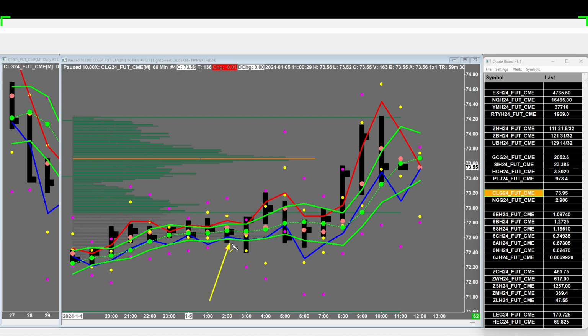If you're going to buy support down here because you think crude is going to rally, and the volume profile is showing you that you're outside the value area, this green area, that means you have a good chance of reverting back to the mean, back to the point of control, because that's going to act like a magnet for price, right? So those are sort of reversal trades, mean reversion trades.